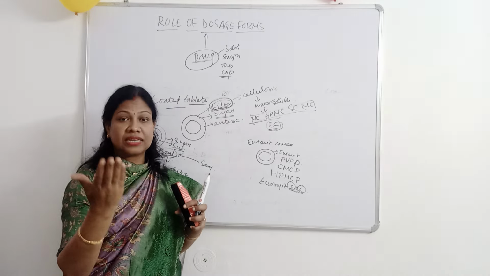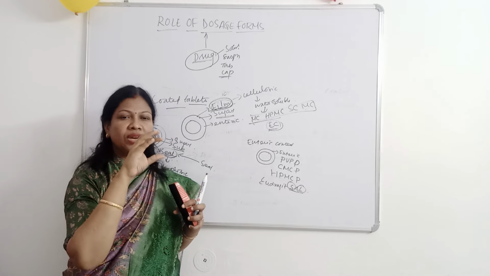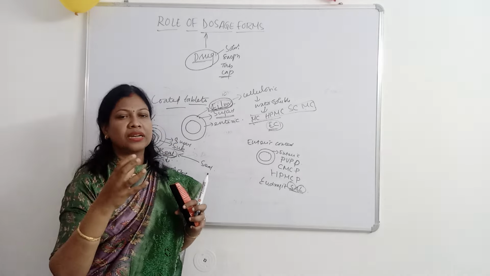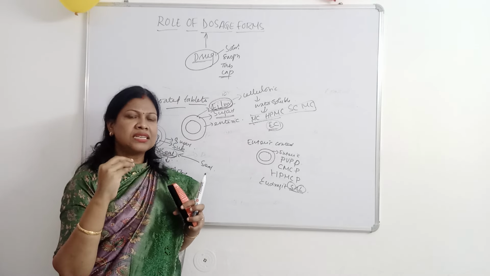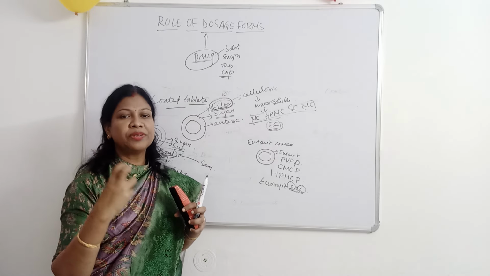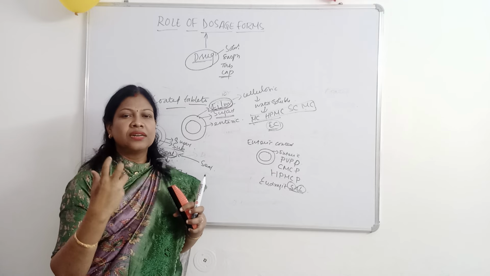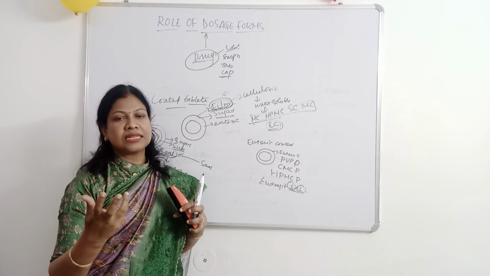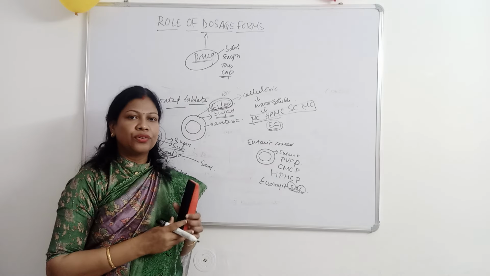For example, aspirin. Aspirin has the issue of gastric bleeding. So aspirin can be enteric coated and used to release the drug only in the intestine. And lastly, when the drug has maximum absorption in the intestine, like vitamin B12. Vitamin B12 has its maximum absorption in the intestine. For that purpose also we can go for an enteric coated formulation.